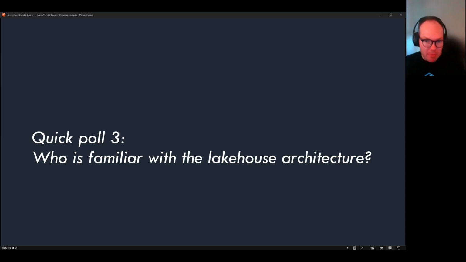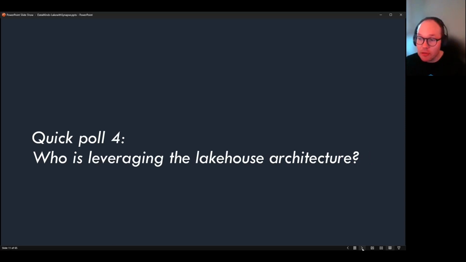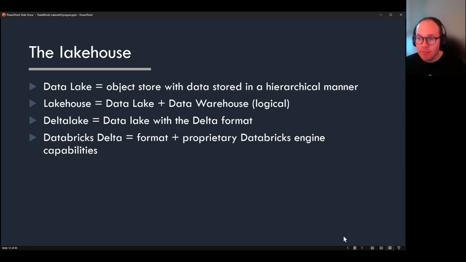Read about it. Seems to be the leading vote, which is awesome. And realistically, that's fairly common.